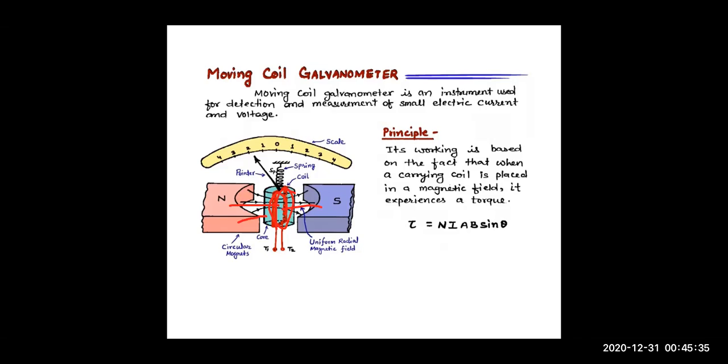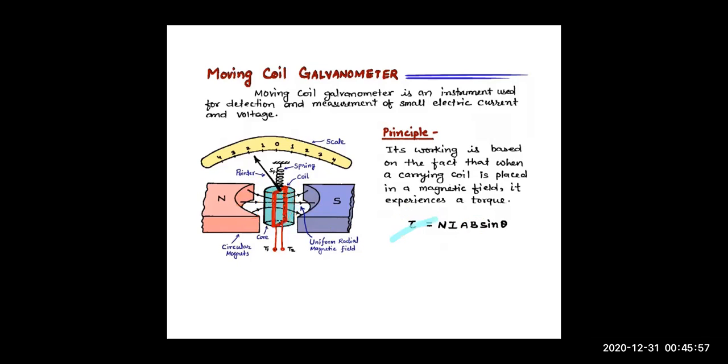So the magnetic field that is produced in the coil will be stronger, and if the magnetic field B is more, then the torque which will be acting on the coil will also be more. That is what we want.